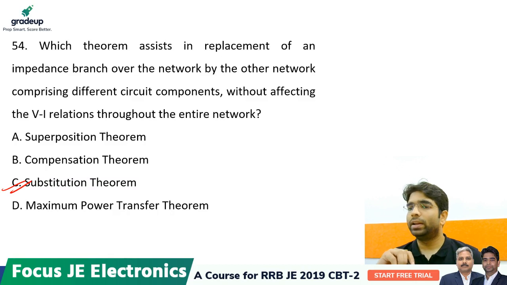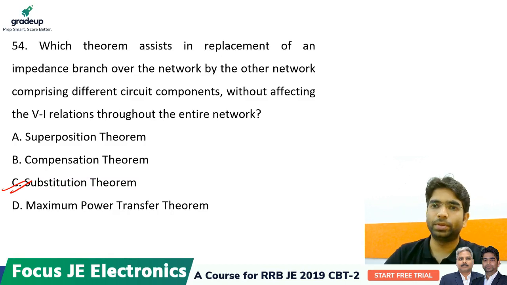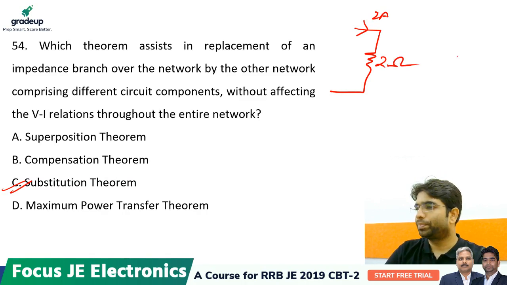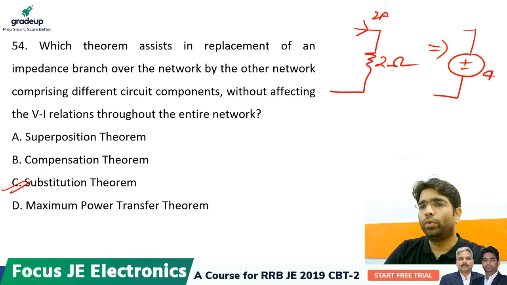Can I give you an example? Suppose here there is a resistance of 2 ohms and 2 ampere current is flowing through it. You can replace it in the circuit by a 4 volt source.